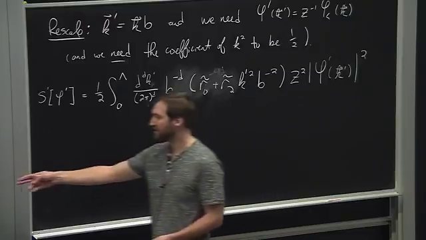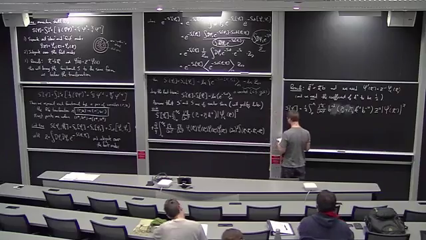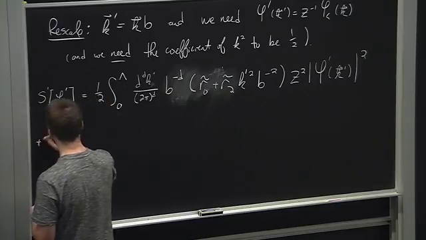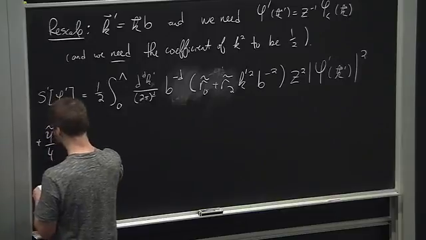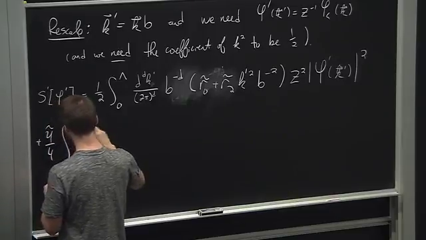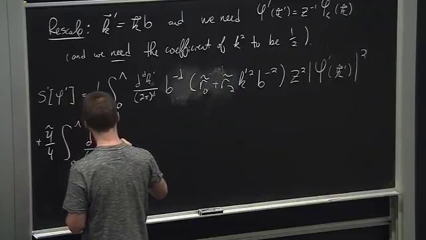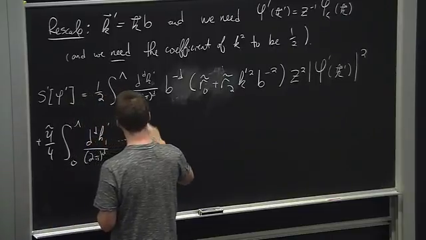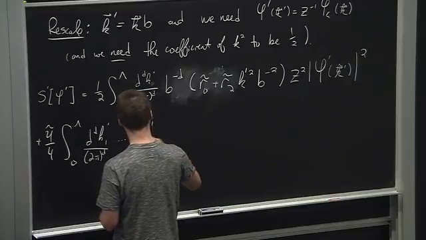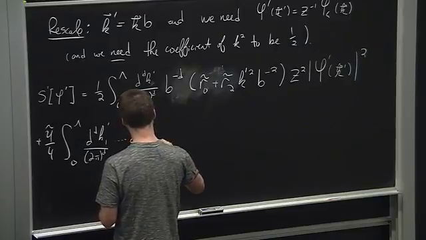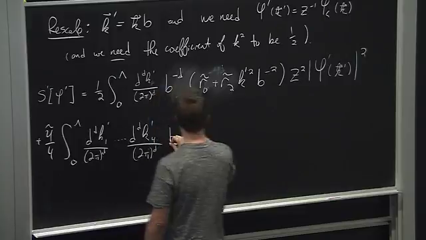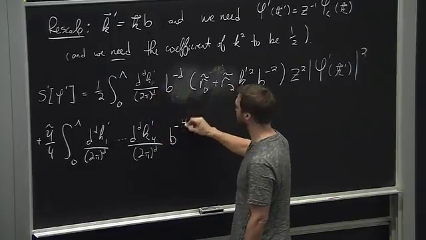Yeah, so this piece has 4 integrals. So u tilde, rescaled, 2 pi d, these are primed, 4 b, right, so minus d, and there's 4 of them.